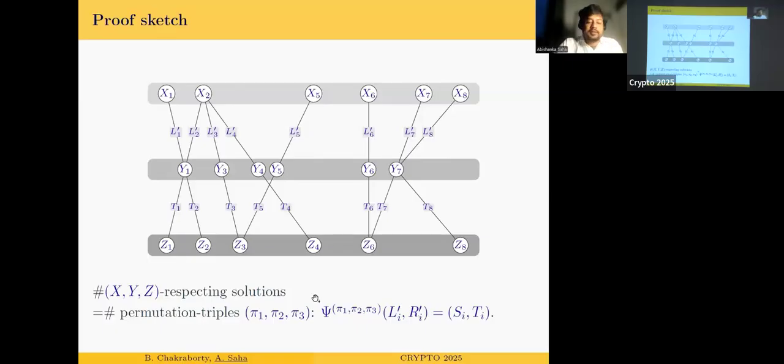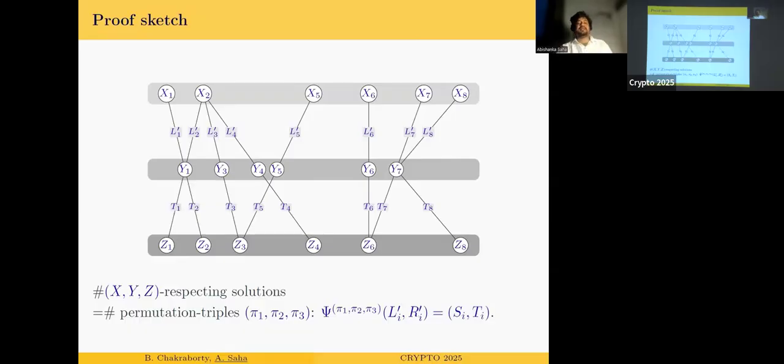Now, by XYZ respecting solutions, we mean that X is the partition containing the X vertices, Y the partition containing the Y vertices, and Z the partition containing the Z vertices. What we need from our solutions to the system of equations is that distinct X vertices must not be assigned the same value. Similarly, distinct Y vertices must not be assigned the same value, and distinct Z vertices must not be assigned the same value. There might be overlap between the values assigned to some Y variable and some Z variable, but we don't care about that.